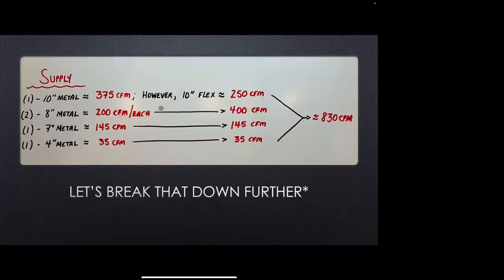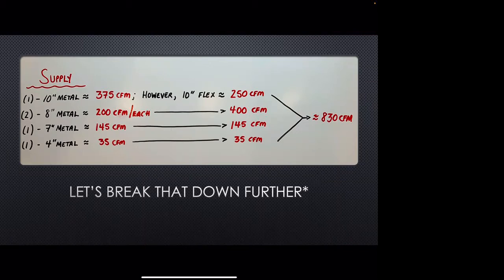Let's break down our supply. Again, a little asterisk here. We're assuming the HVAC system is correct. And we're also going to use a rule of thumb. There's proper ways to design duct systems and things like that, I understand, but let's use a rule of thumb so we can at least get an idea and understanding of what's happening.